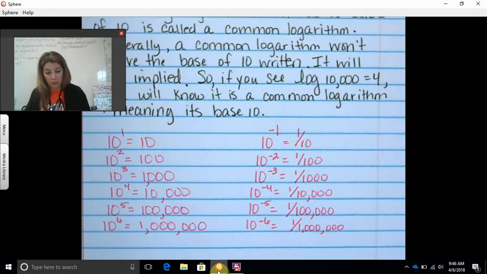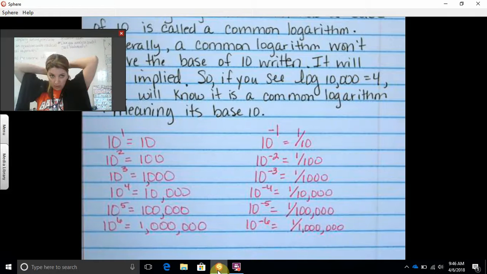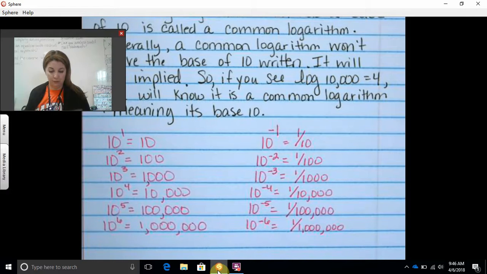So real quick, we're just going to evaluate 2 little common logs. And then I'm going to show you the change of base formula. Actually, let me think.